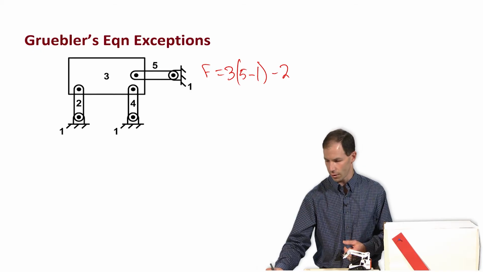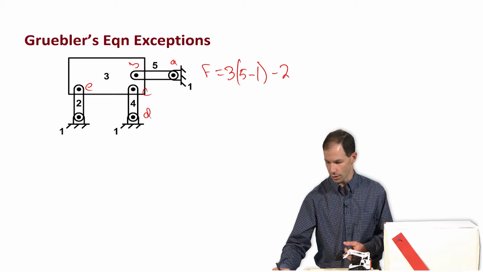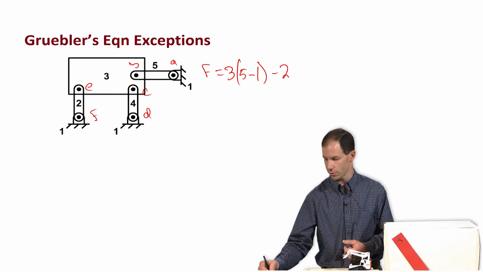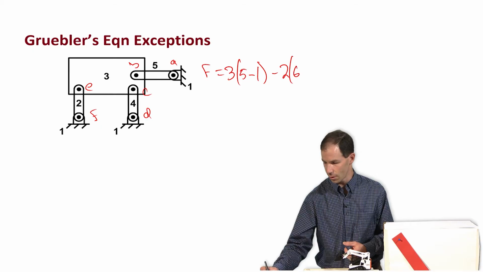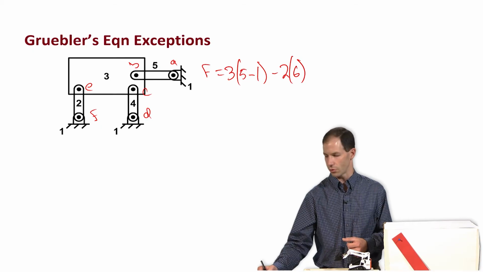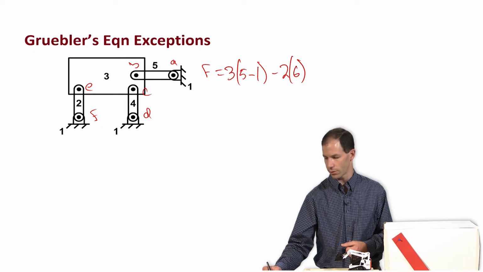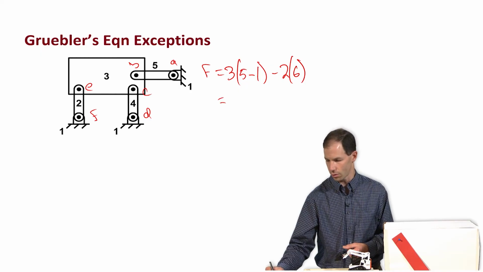I've got A, B, C, D, E, and F, or 6. So 2 times 6, and I've got no half joints. So here I end up with 4 times 3, or 12, minus 12, or 0 degrees of freedom.